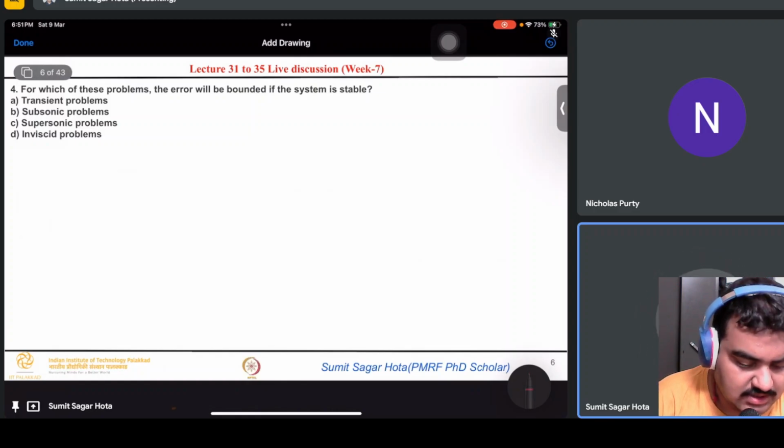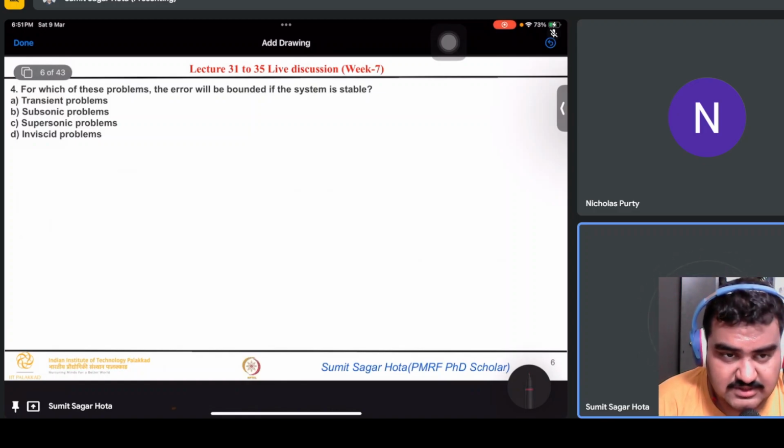Error bounded means that error is bounded when time increases. In the question they are intentionally not writing the full statement.